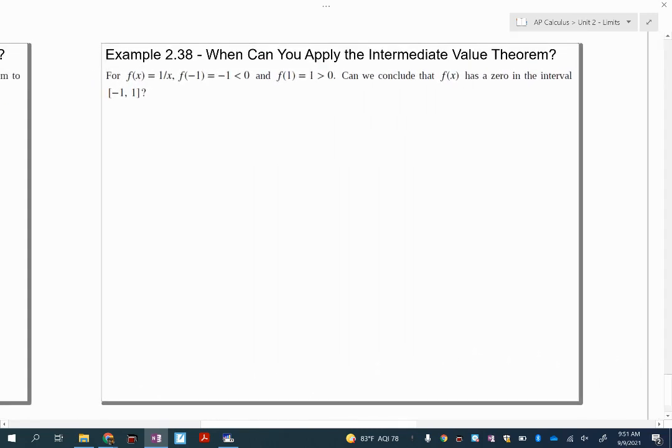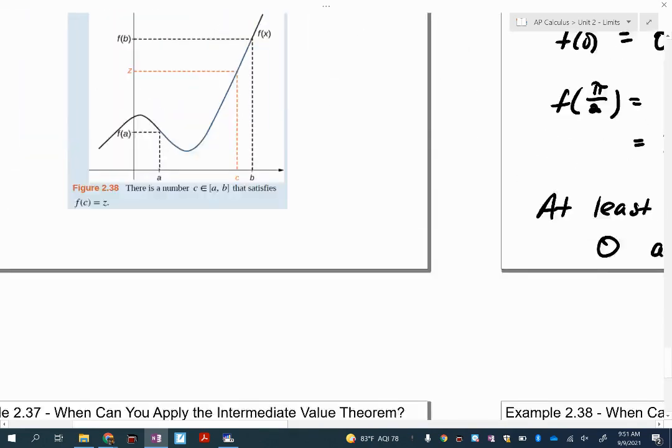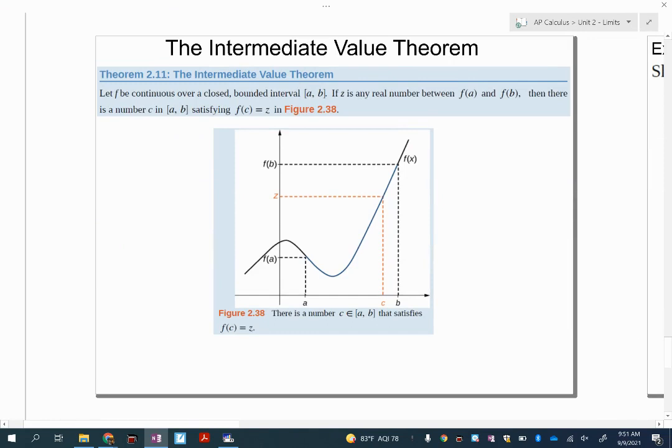The last one is 1 over x. We have negative 1 is less than 0, and then we plug in positive 1 and get greater than 0. Can we conclude that there is a 0 in this interval? Be careful. One of the things about using the intermediate value theorem, if I go back to that slide, is that f is continuous over this interval, right?